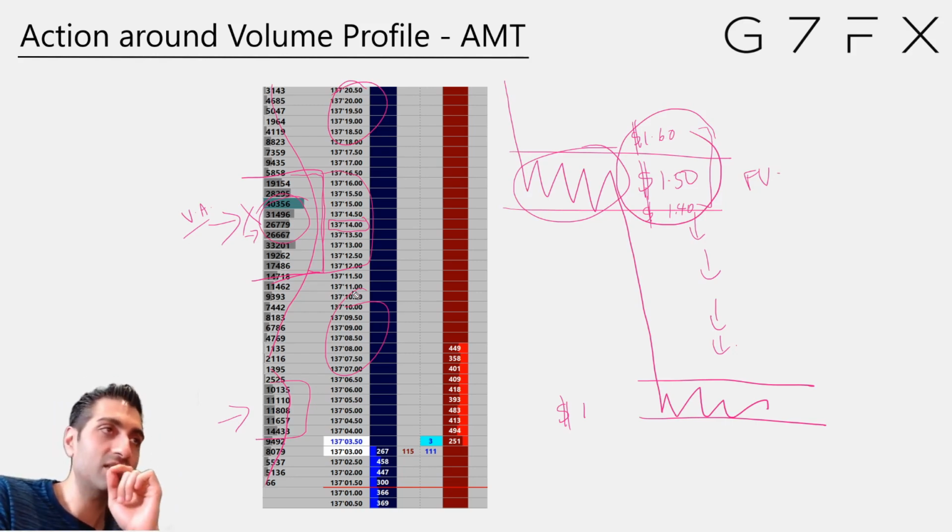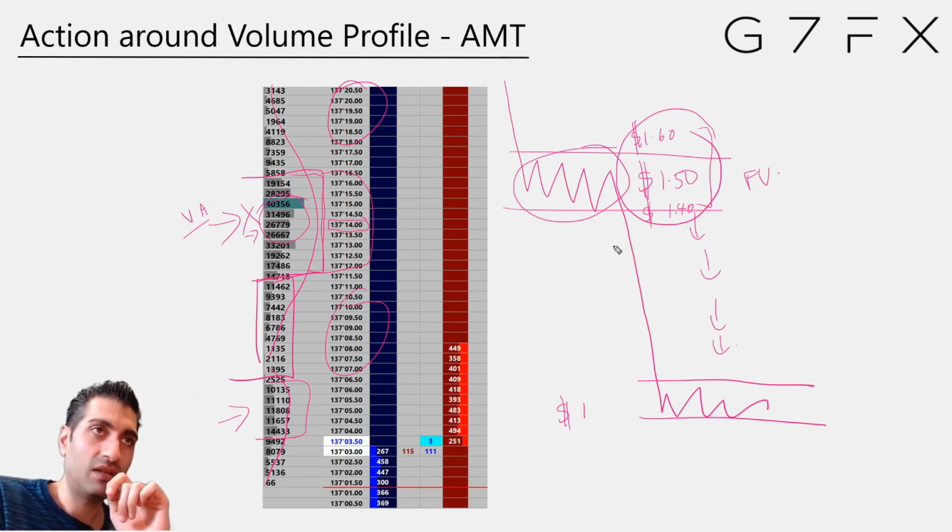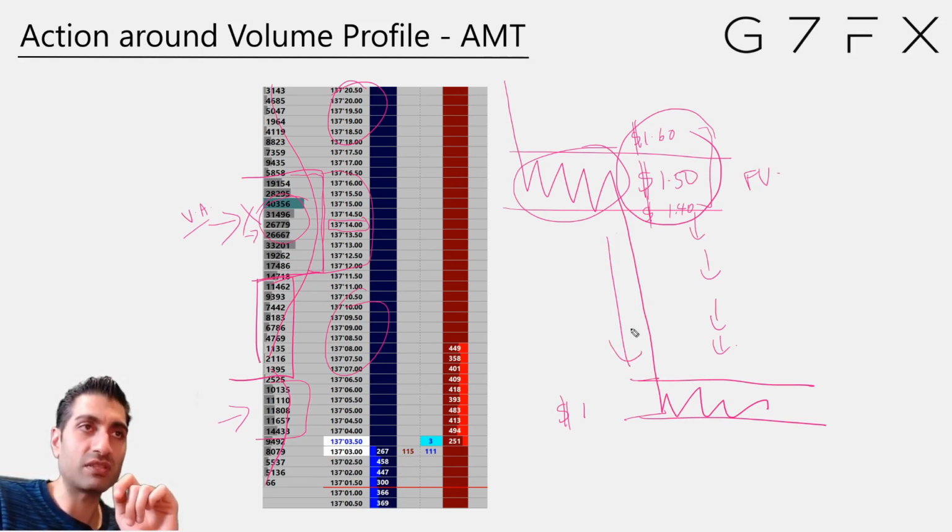So here's the key. This is what I'm doing. These areas where there's very little transactions taking place, which you see here, no one bought milk as it was coming down. They just started transacting again in this area. Here it was just crazy selling going on, just shot down. So you can see it moved fast in this area because no one was there to stop it.